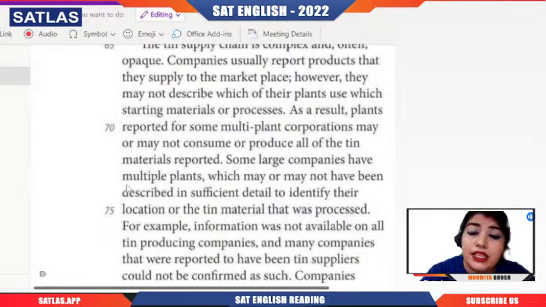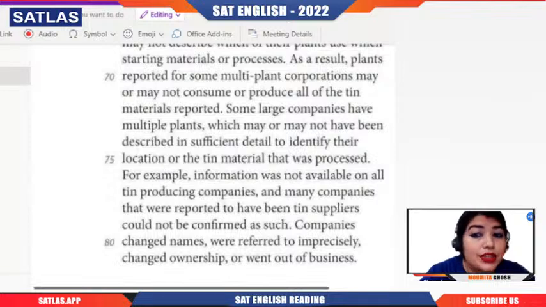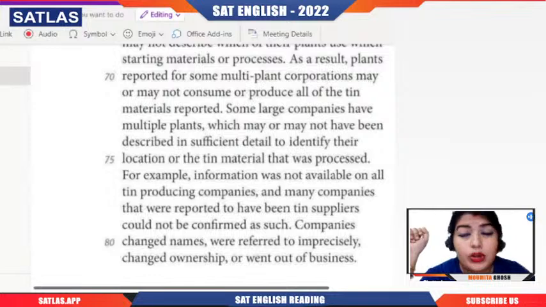Some large companies have multiple plants, which may or may not have been described in sufficient detail to identify their location or the tin material that was processed. So the exact process or exact address of the company may or may not be given. Okay, so if there is any discrepancy, you cannot report there.